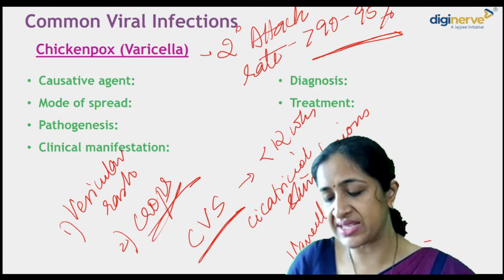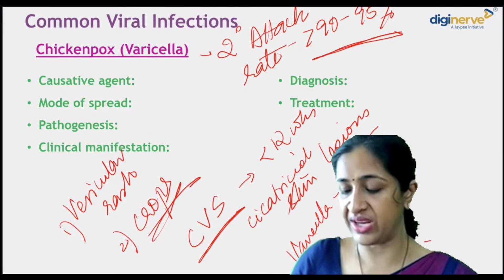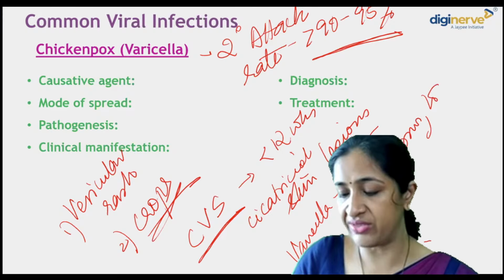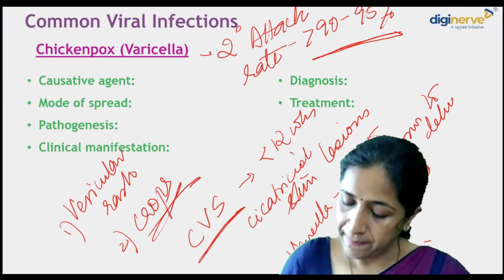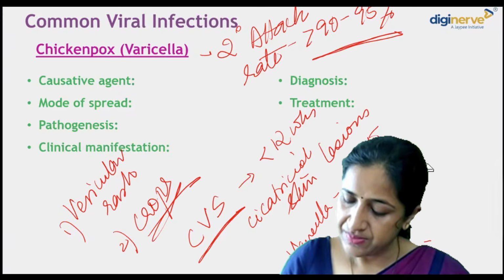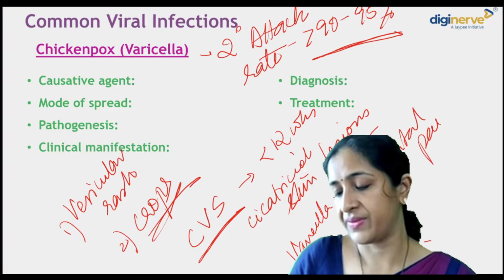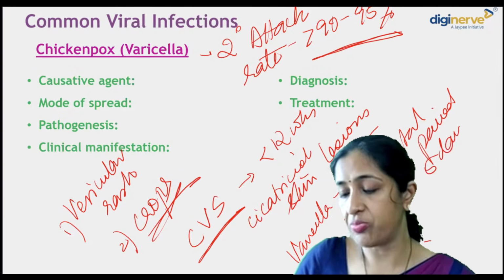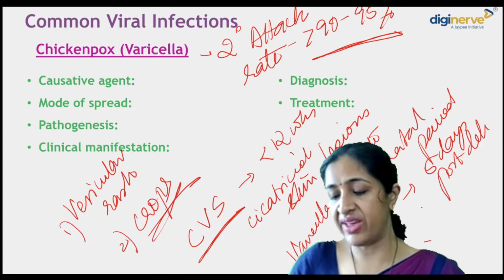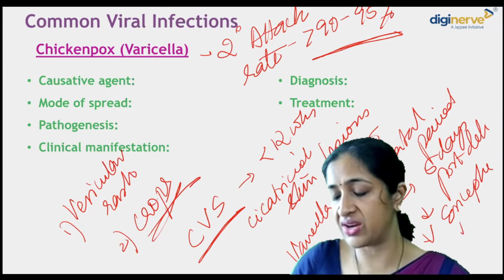Varicella which occurs in the perinatal period, somewhere from less than 5 days prior to delivery to 21 days post delivery, is very acute and can cause acute varicella encephalitis and cause death.